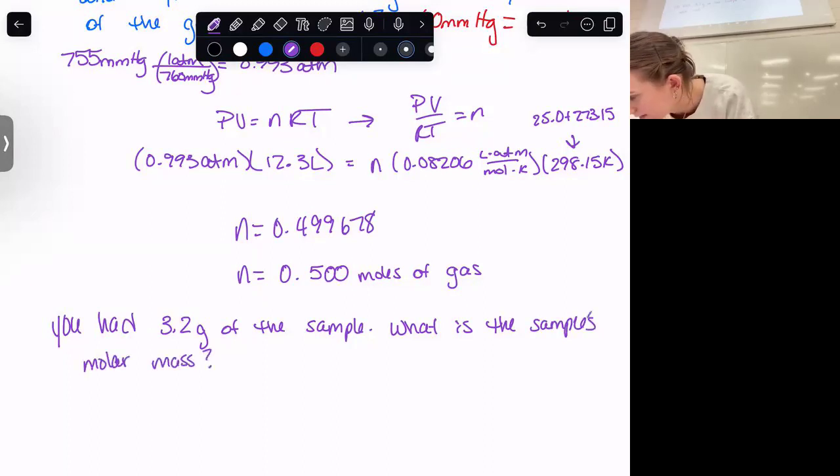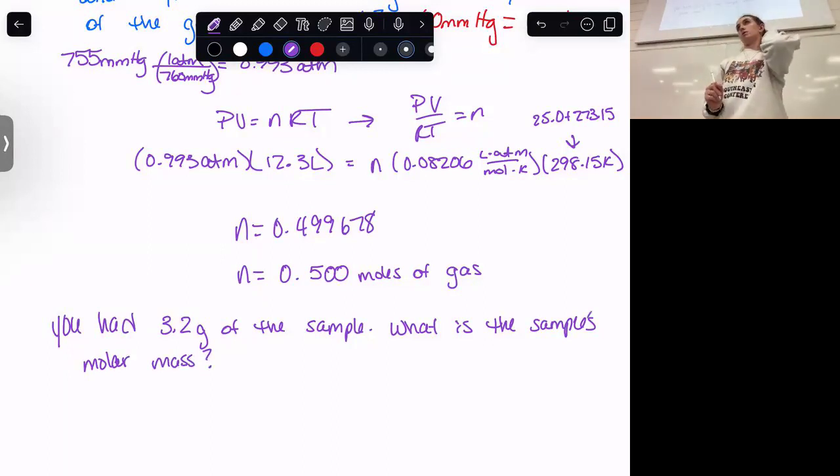If I asked you for the molar mass of the sample, how would we go about solving that now that we know it's moles?